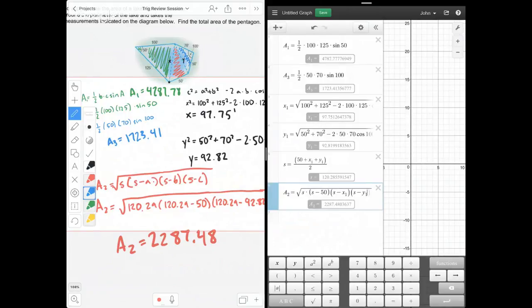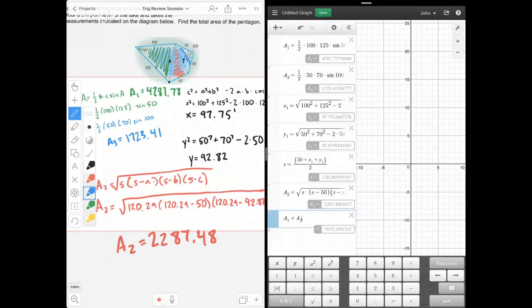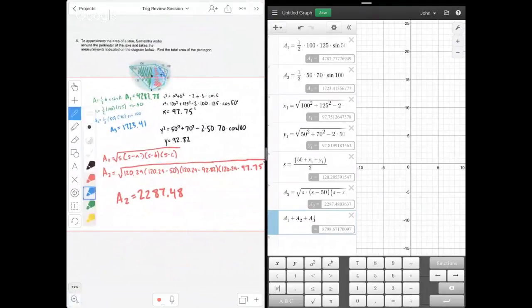And now the grand total, area 1 plus area 2 plus area 3, is 8798.67. Total area: 8,798.67 square feet.